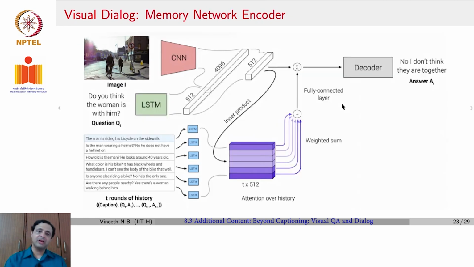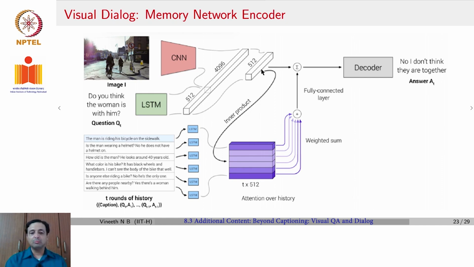A third kind of encoder is a memory network encoder, which uses an attention idea, where once again the image goes through a CNN, the question through an LSTM, you concatenate the representation and compress it. That's the first part. Once again, each of the dialogues in history goes through a different instance of the same LSTM, and you get different representations for each of these question answers in the dialogue history.